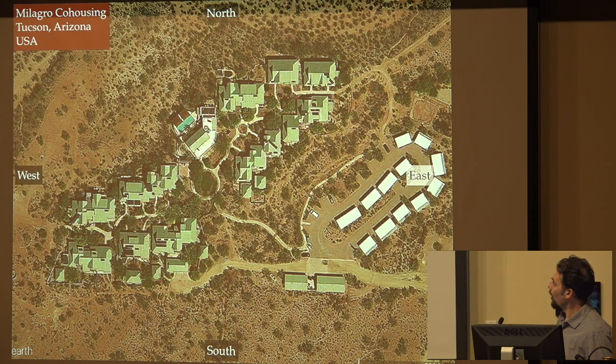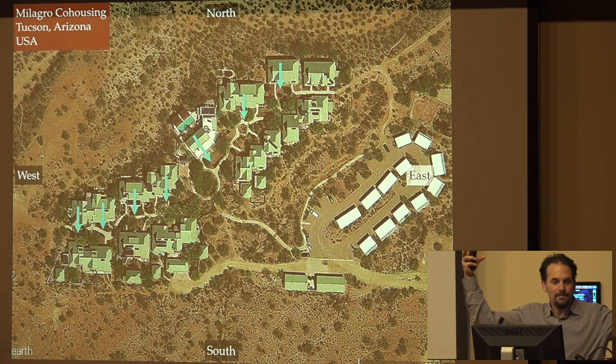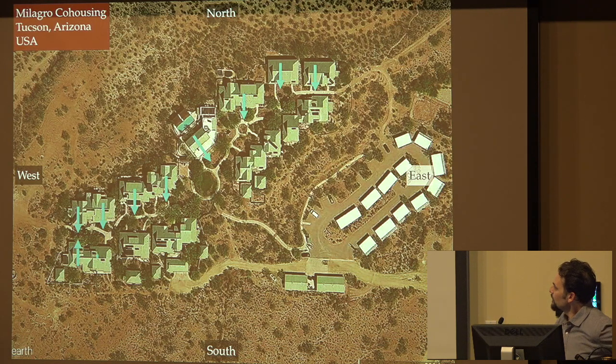And then all of the water from the entire community was drained from the rooftops into the center of the community, right? So instead of sending the water out, they put the water right in the middle of this development. So if you think about Tucson having an average annual rainfall of about 12 inches a year, right?